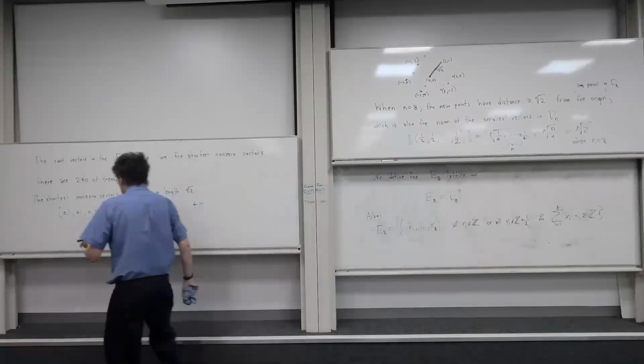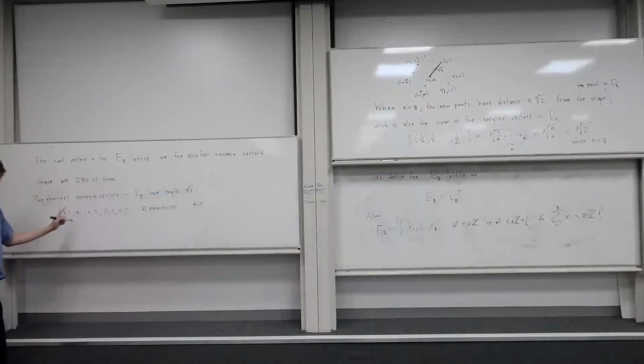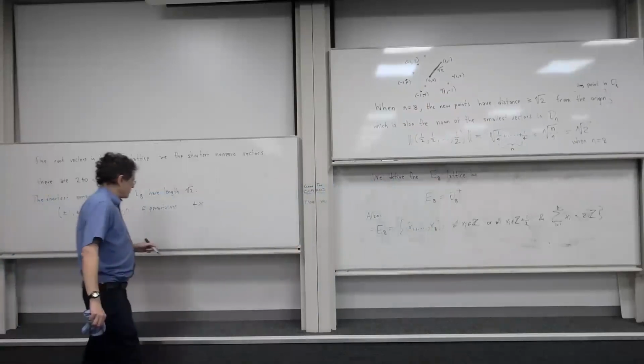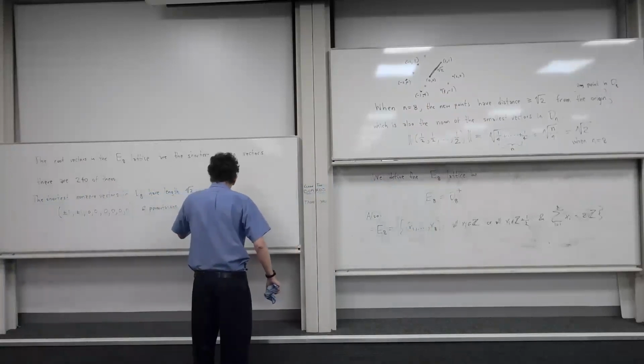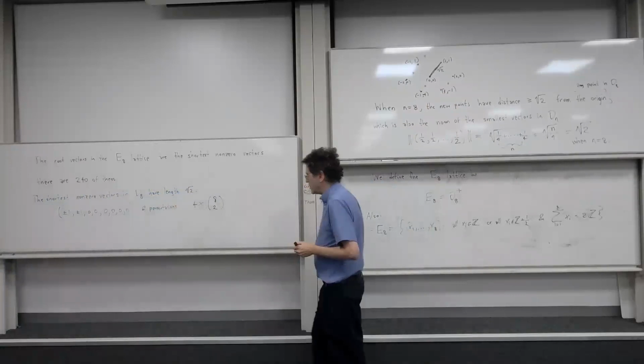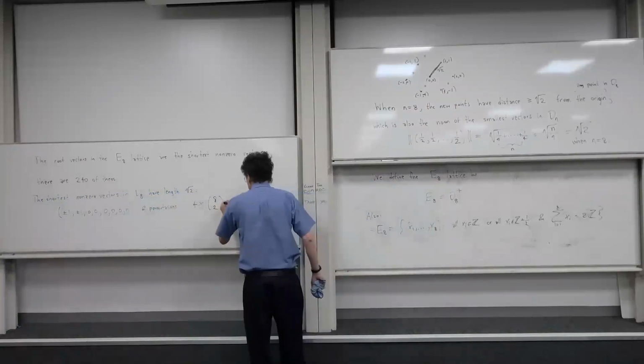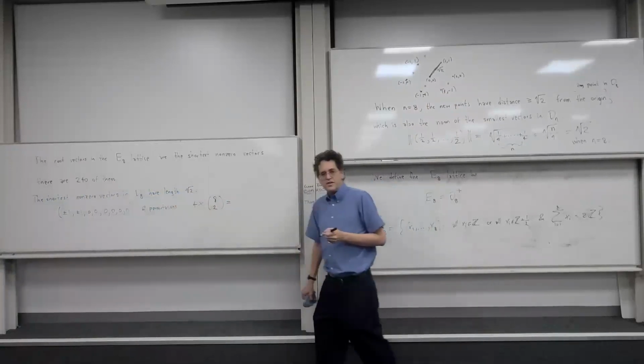Well, there are 4 choices of these plus or minus 1s here, and then we're picking 2 out of 8 entries to be non-zero, so we get 8 choose 2 choices of which 2 entries are the non-zero ones. That's how many there are: 4 times 8 choose 2.